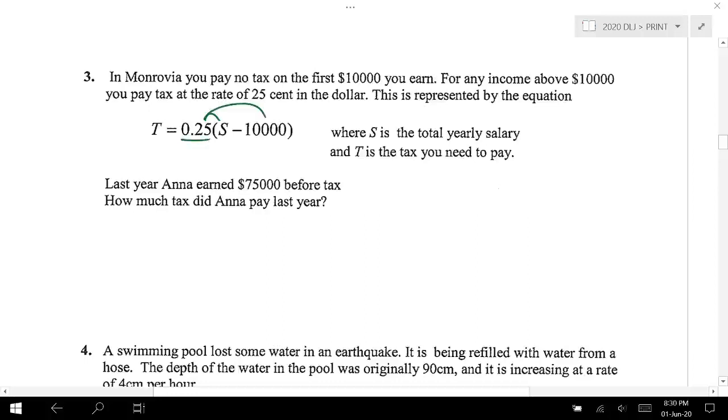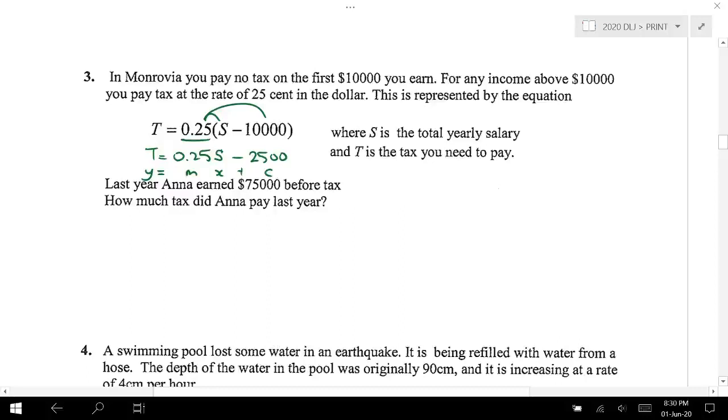So we're going to get t equals 0.25 s minus 2,500. So that might be more familiar in that form. This is still a line equation, but x is replaced with s and y is replaced with t.